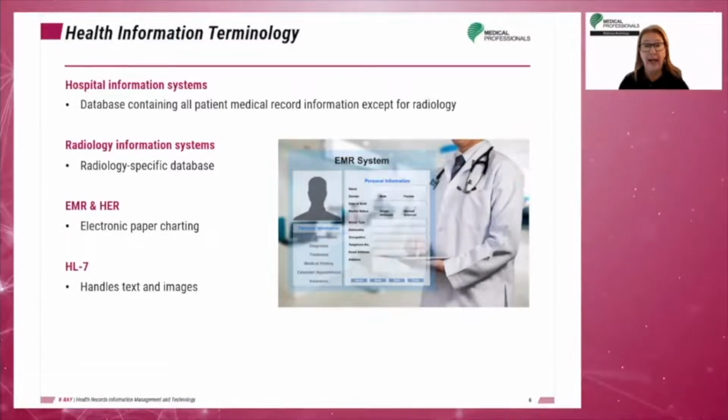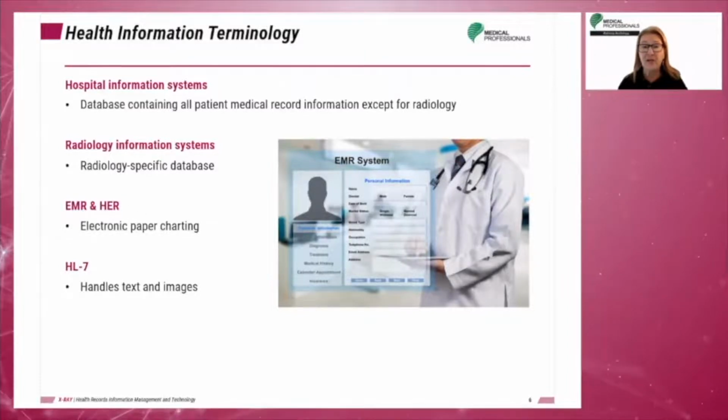HL7, or Health Level 7, is the software standard for exchanging electronic text information between departments and institutions in a compatible format. HL7 provides standards of interoperability between the different systems.